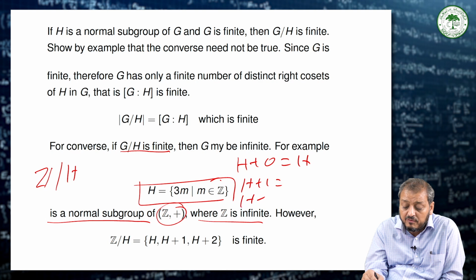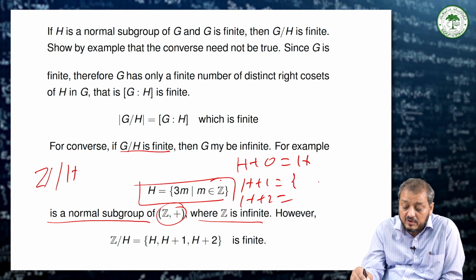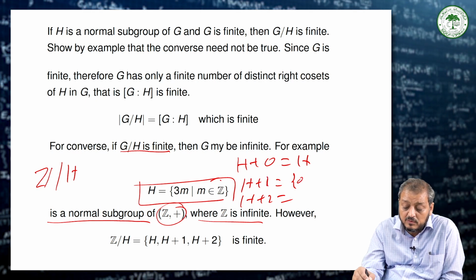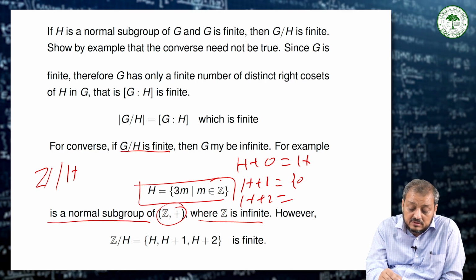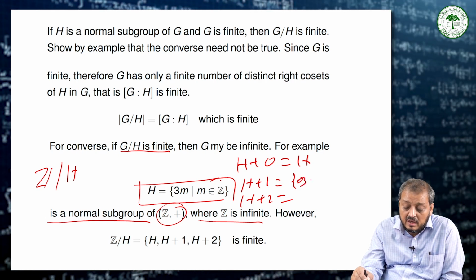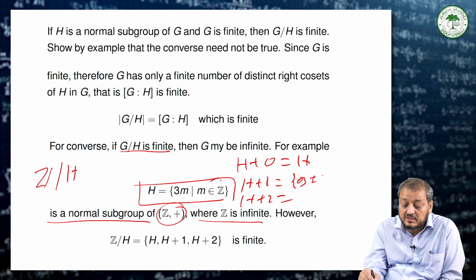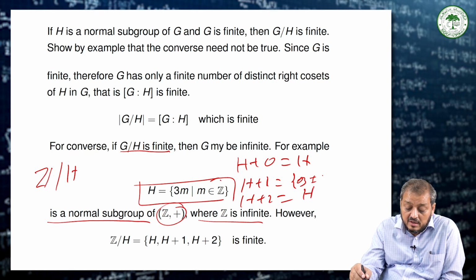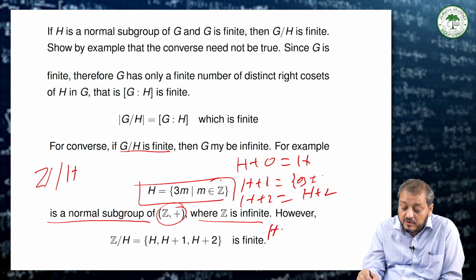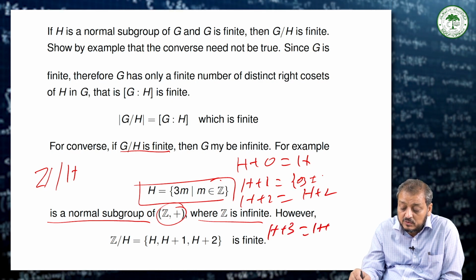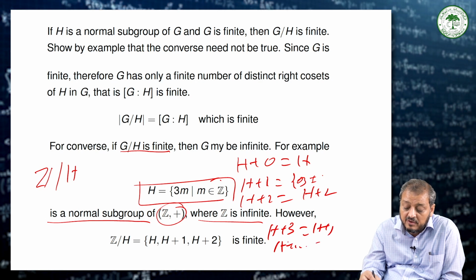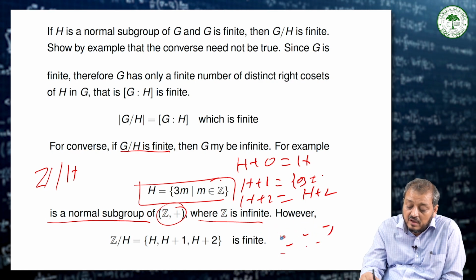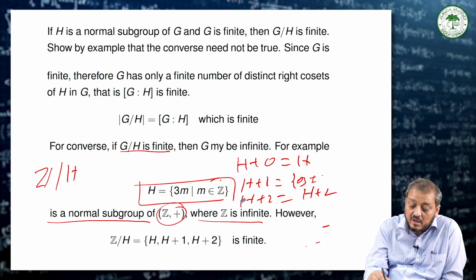Then H plus 2 is another coset. Now if we take H plus 3, we get H again, and H plus 4 is the same as H plus 1, so the repetition starts from here. So there are only 3 different right cosets.